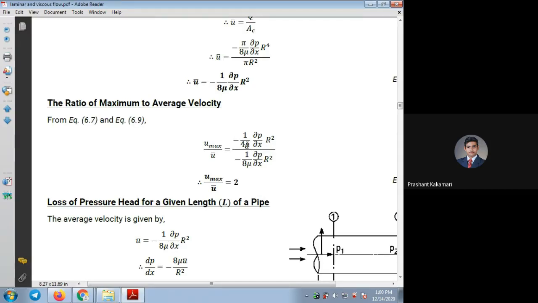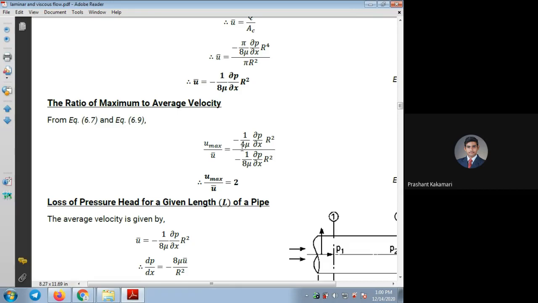So once you take this ratio, 1 by 4 mu divided by 1 by 8 mu, dou P by dou x can cancel. R square, the common term, can cancel. So finally we are left with 1 by 4 divided by 1 by 8, the minus signs can cancel. So I can write it as 8 by 4.